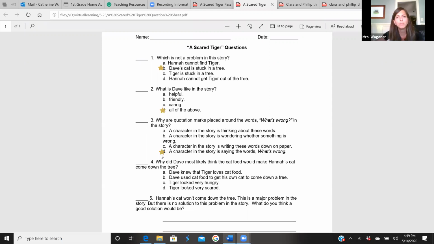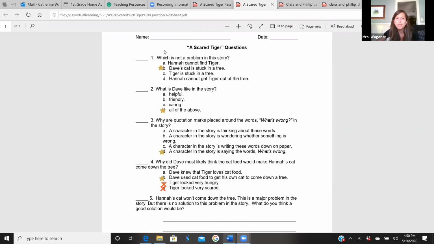So I know it's not D or C. We're going between A and B. So in the text, it actually said that Dave used cat food to get his own cat down from a tree once. So we're going to go with B.